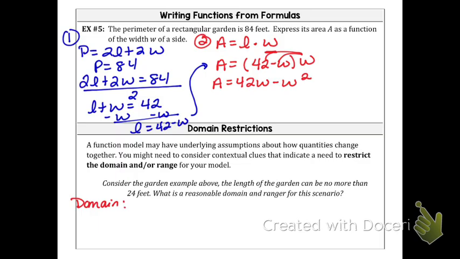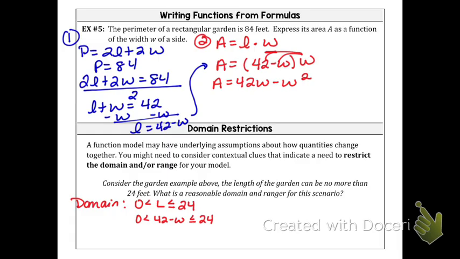So that means that it has to be between 0 and 24. Well, it's not going to equal 0, because if it equals 0, I don't have anything. No more than means it can equal 24. Okay? But remember, we know L is 42 minus W. So 0 is less than 42 minus W, less than or equal to 24.